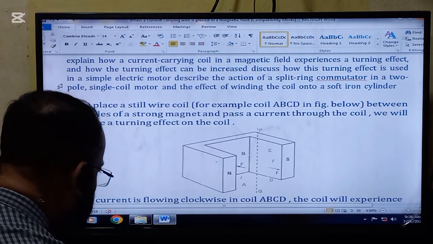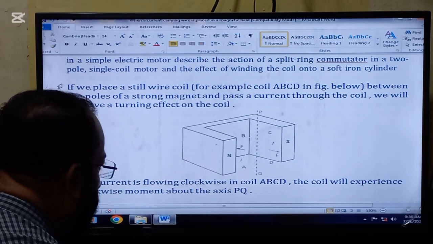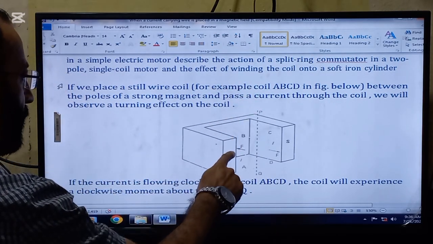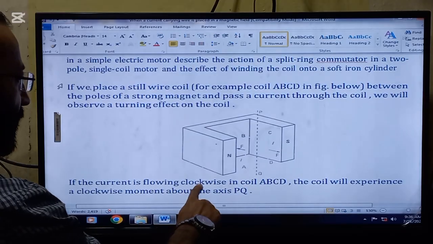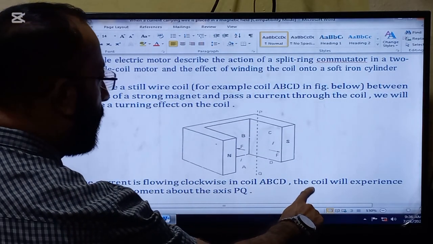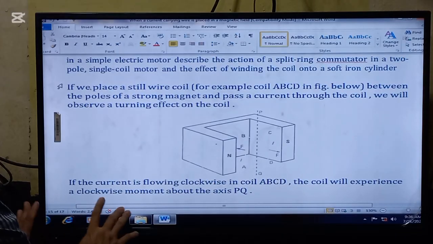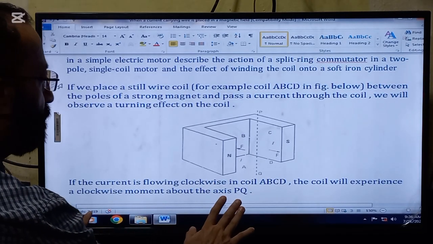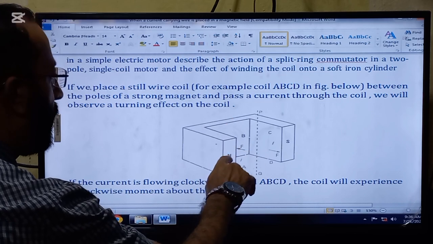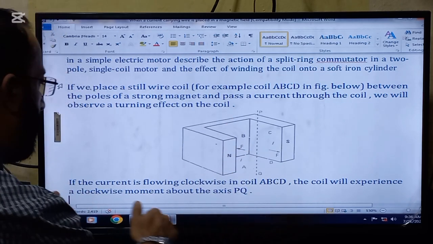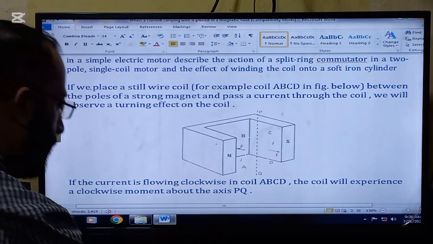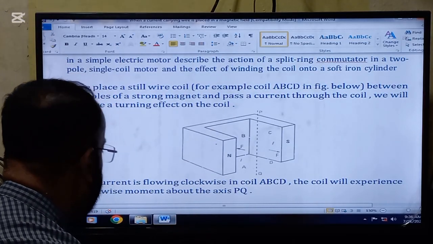If we see from position P and the current is flowing in the clockwise direction in the coil ABCD, the coil will experience a clockwise movement about the axis PQ.